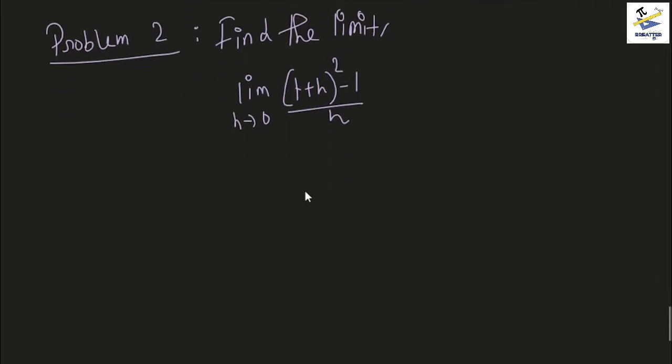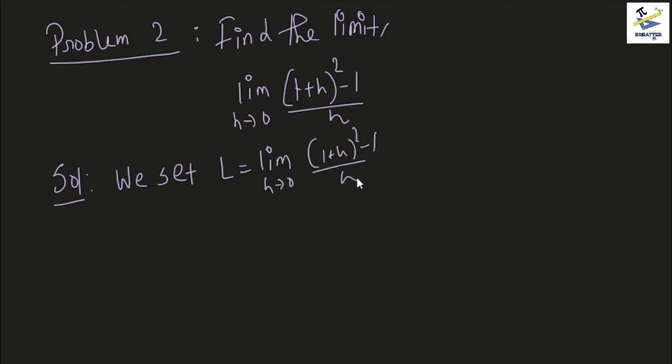Okay, we'll do it as follows. I'll just write the steps clearly. We set L equals limit h tends to 0 of (1 plus h) whole squared minus 1 by h, and now we evaluate it as follows.